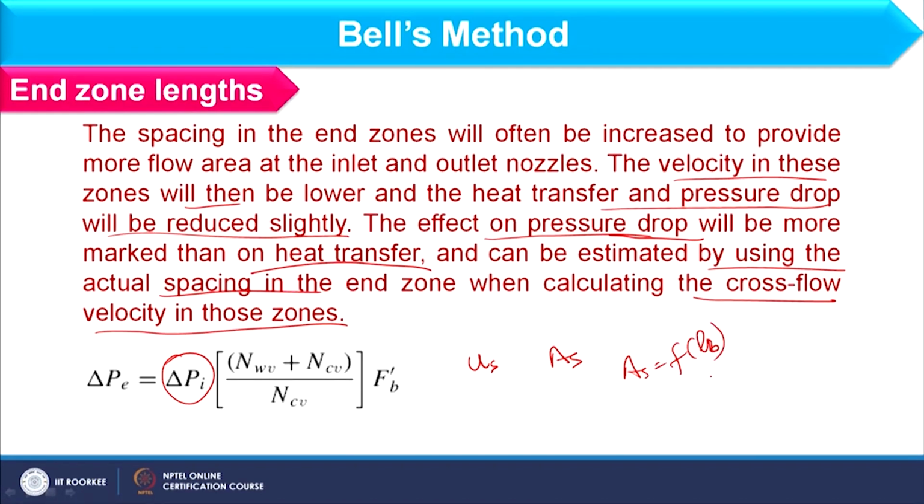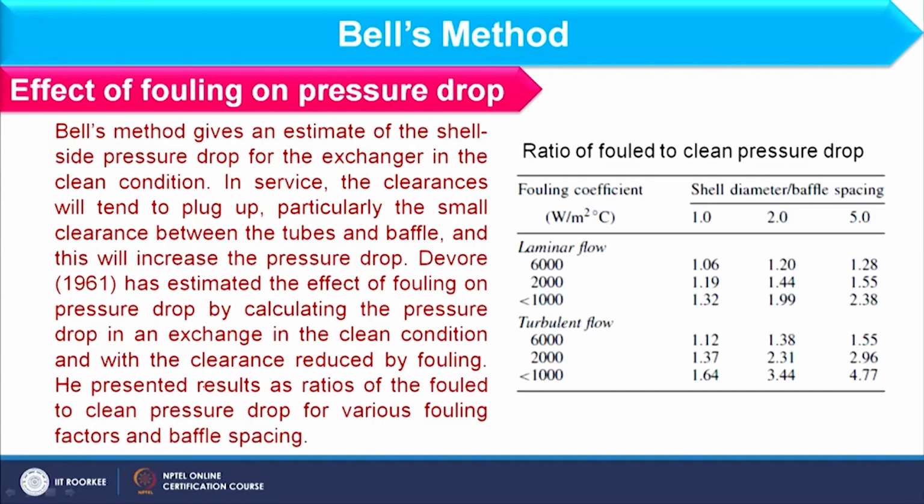So, if baffle spacing is more, we should consider AS for the end zone differently, and so the US. In this case, we can conclude that the pressure drop of the ideal tube bank can be considered differently in the end zone and cross flow zone, depending on the baffle spacing in these two zones.